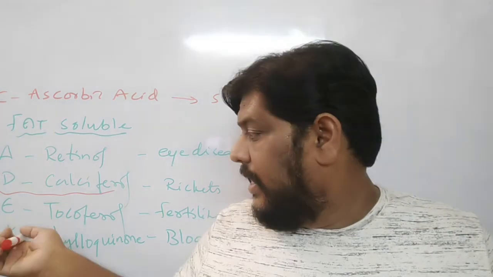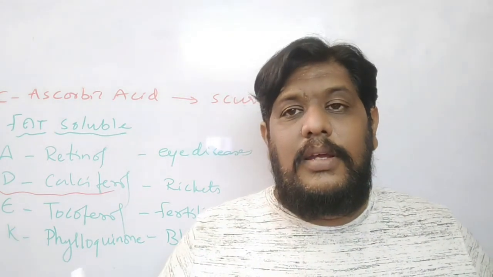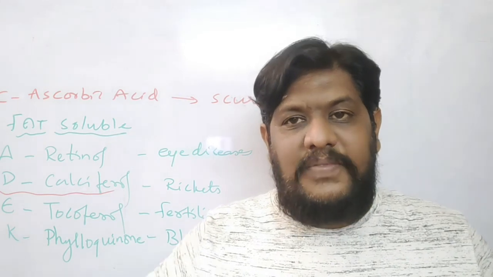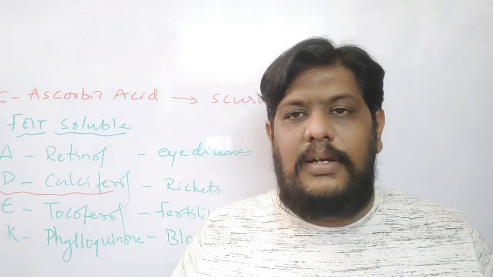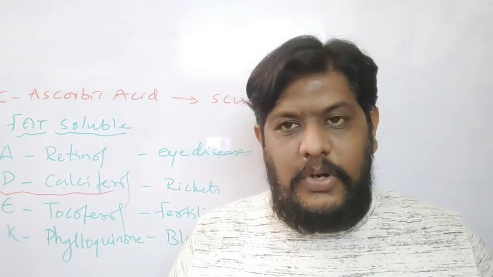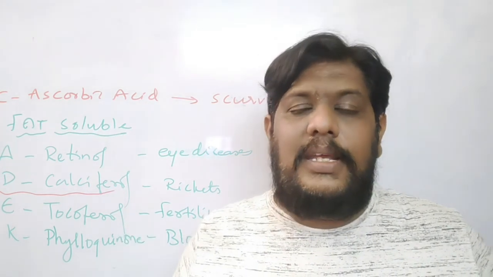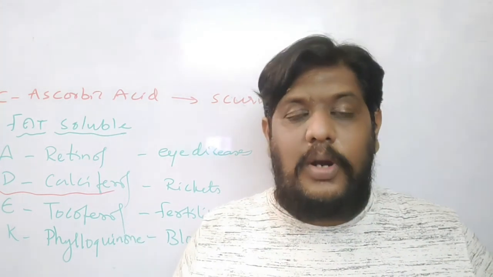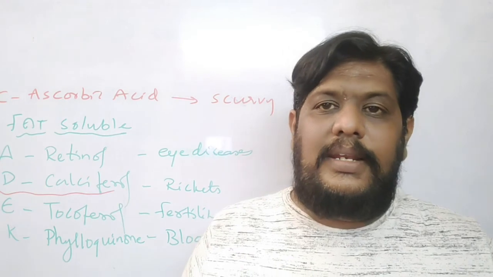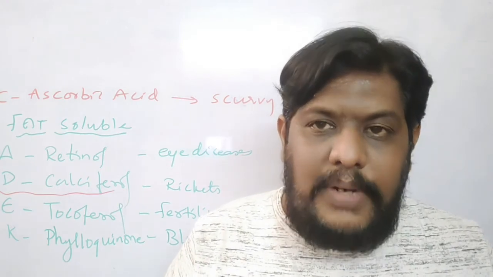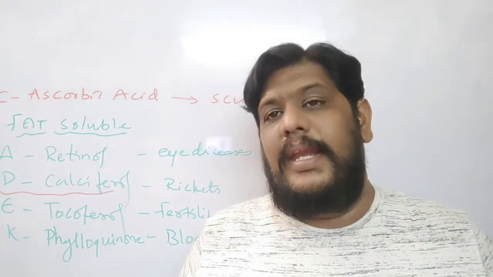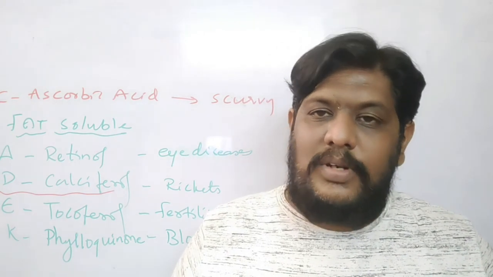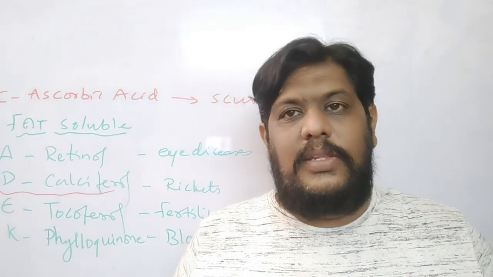So vitamin K is responsible for clotting of the blood. If it is deficient in your diet, it will lead to over-oozing of the blood, and eventually to the death of the person.